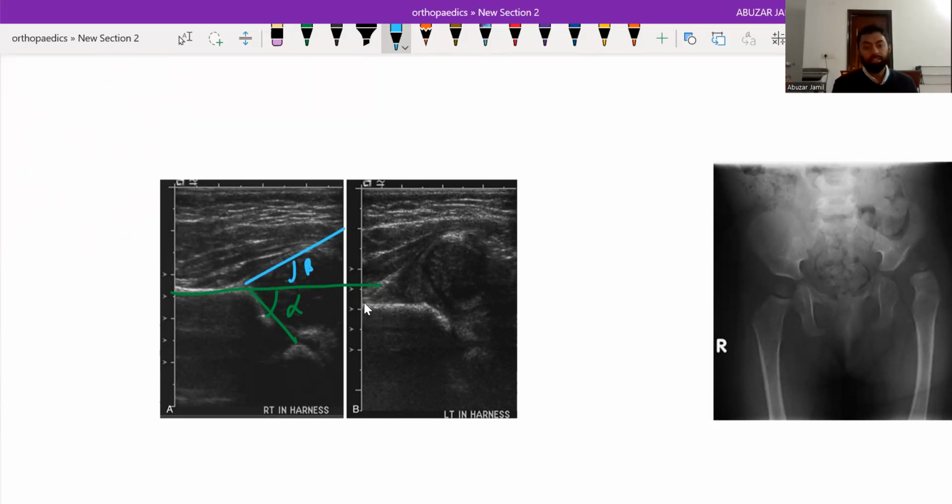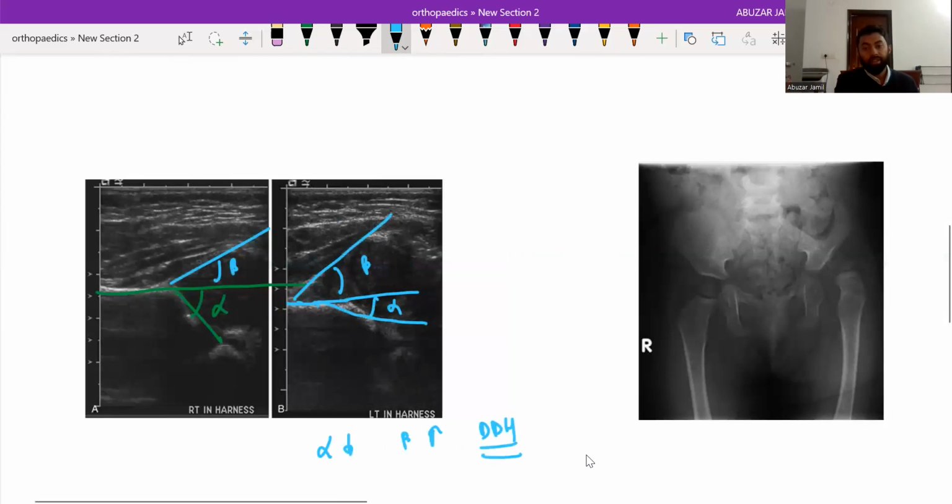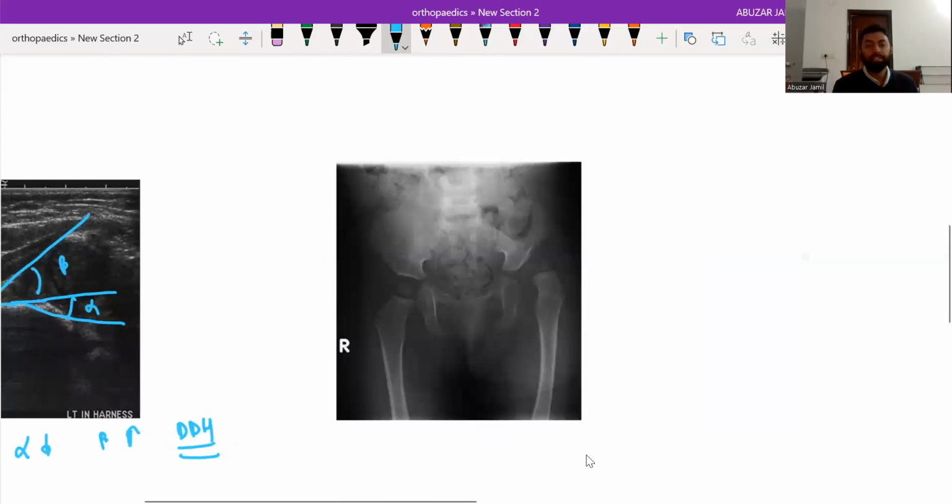You can see the baseline of ilium. This is the beta angle that has increased significantly, and the alpha angle that is reduced in this case. So alpha angle is reduced, beta angle has increased in this dysplastic hip.